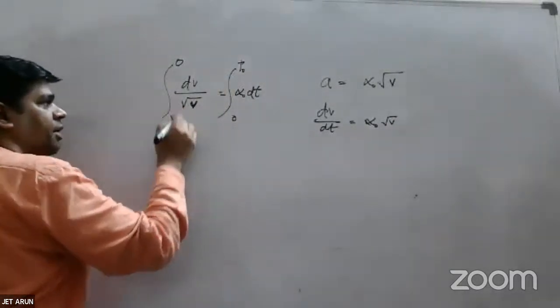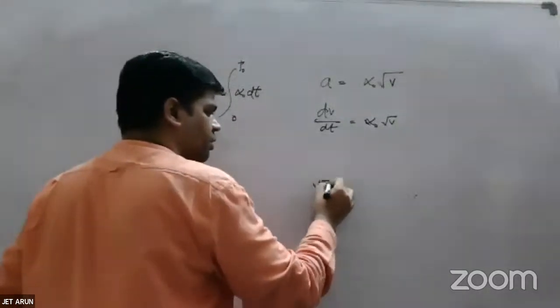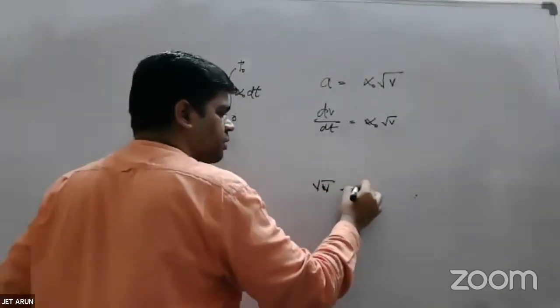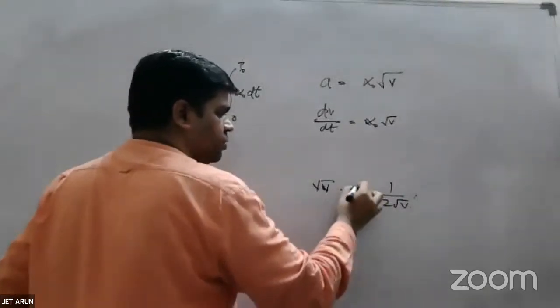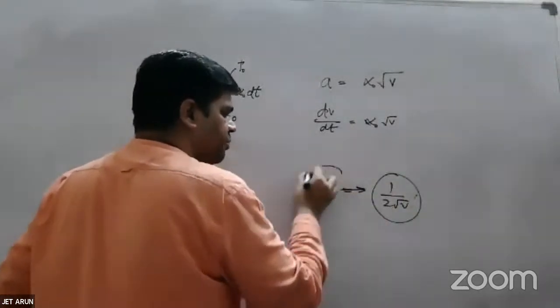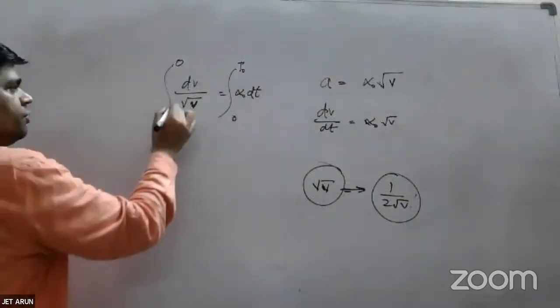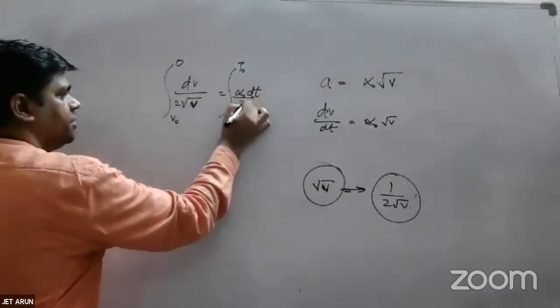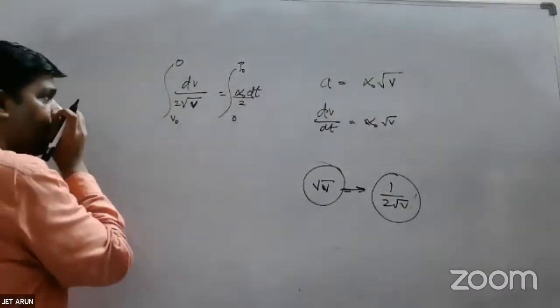Now, how to integrate 1 by root v? Look, the derivative of root v is 1 by 2 root v. So what is the integral of this? If I multiply by 2 on both sides, it will be root v.